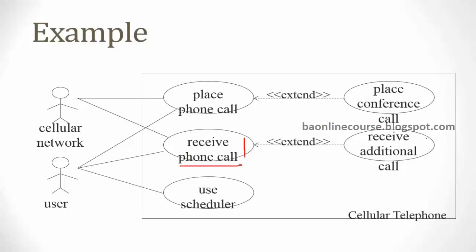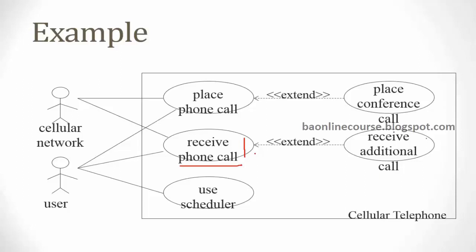You'll not say, in case an additional call comes in, then you'll have to do these things in this use case, because it will create a lot of confusion and a lot of unnecessary details in the core use case. My core requirement for receiving a phone call is, show the name of the person calling, give a ring notification, accept the call, talk, and disconnect. So these 4-5 steps are there.